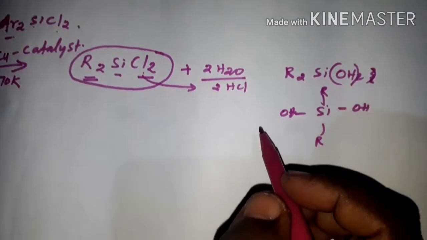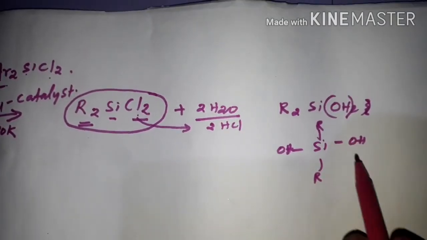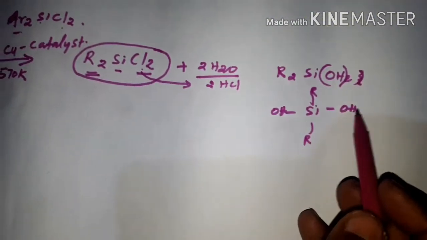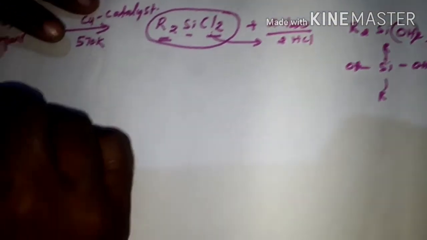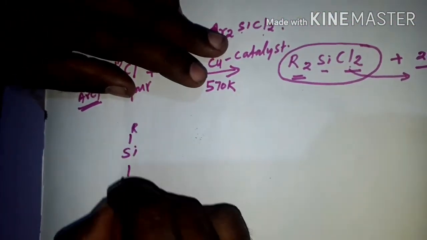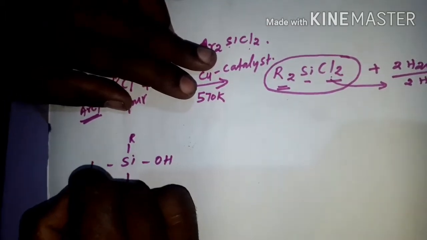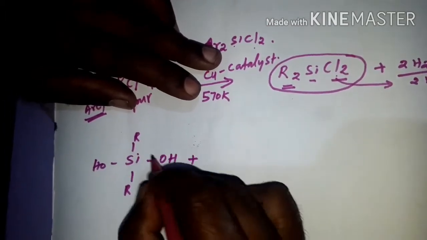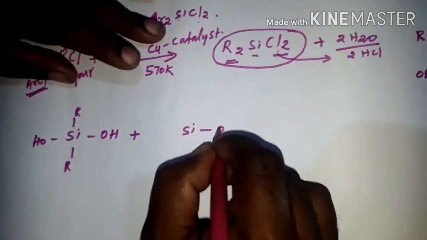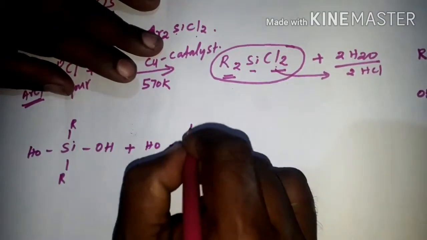Then what will happen? Again 1 mole of this same compound will be added, and again a water molecule will be lost. So Si R R OH plus the same 1 mole of this compound, Si OH, then HOR.